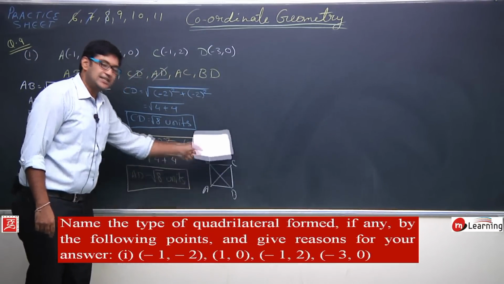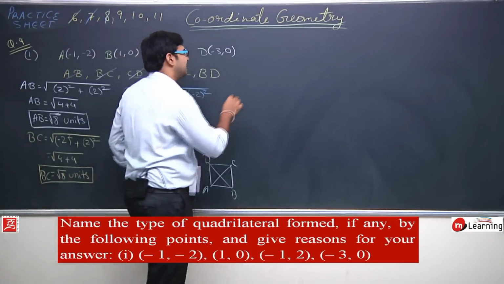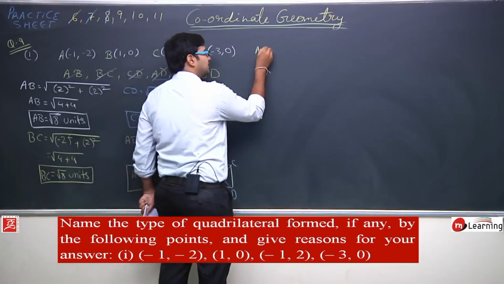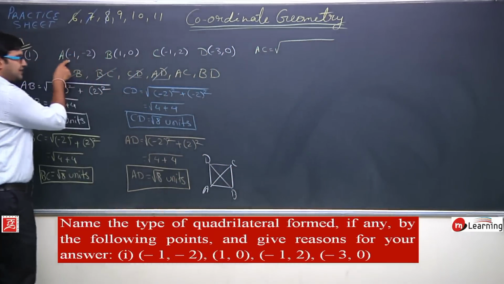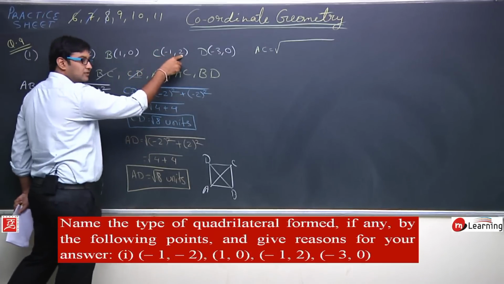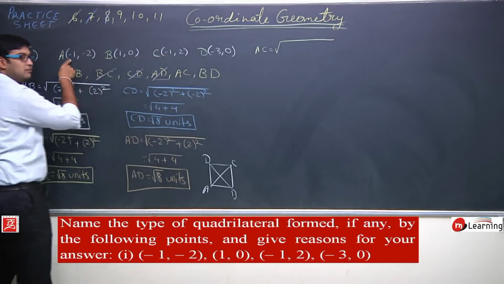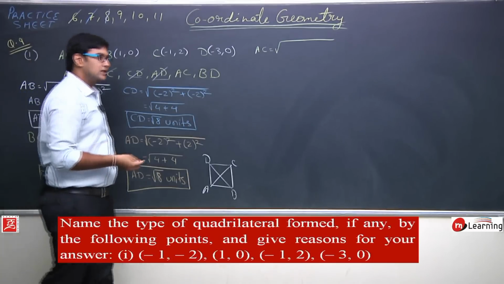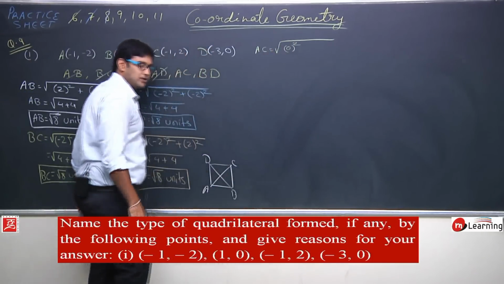What is the length of AC? Can we calculate the length of AC? Yes, it's very easy to calculate the length of AC. The length of AC will be equal to the square root of, in this case this is x1 y1 and this is x2 y2. So x2 minus x1. So minus 1 minus of minus 1 will give you plus 1, that is 0. So here we will get 0 square.